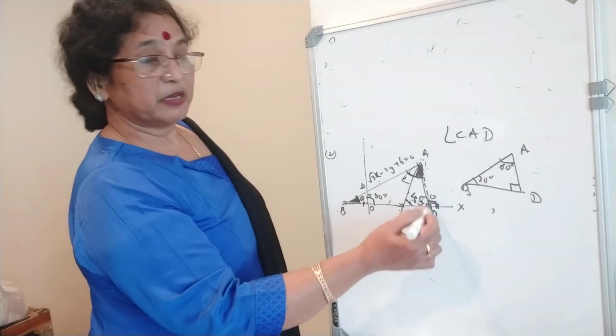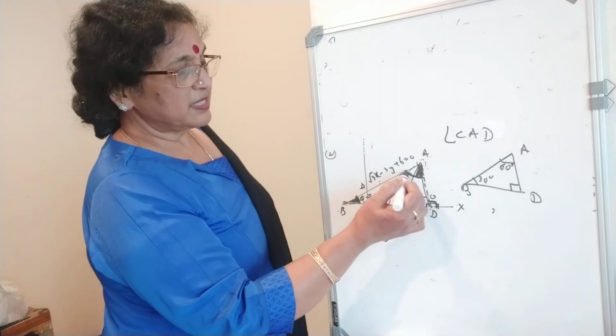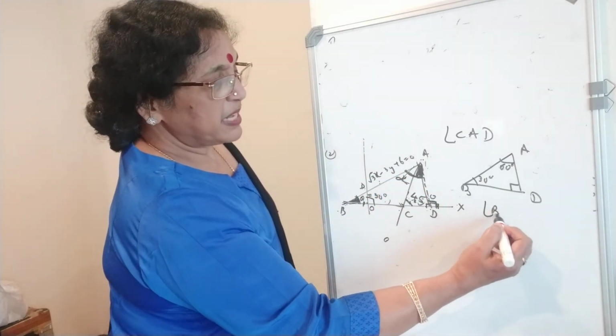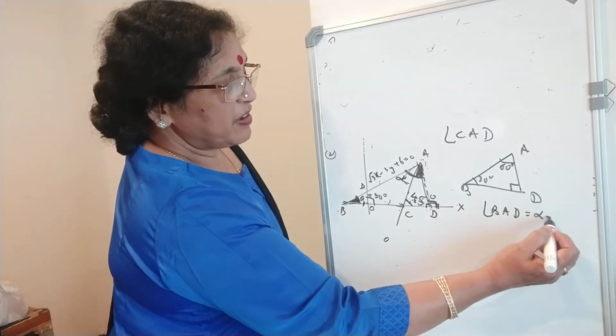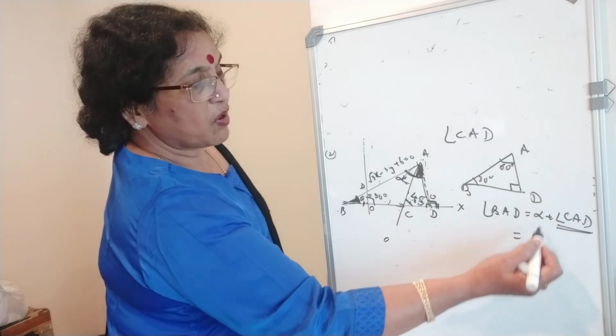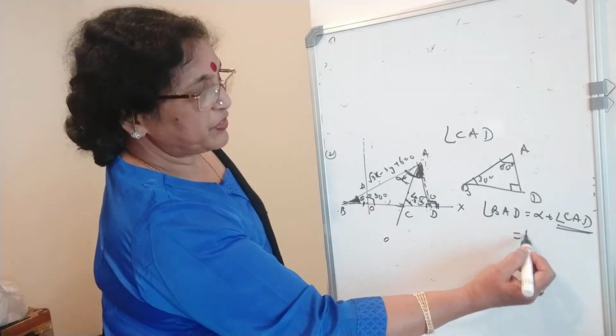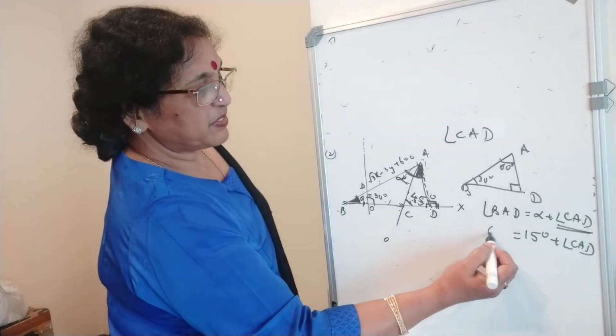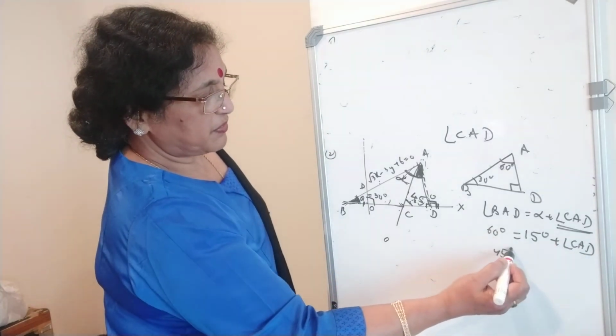Angle BAD becomes 60, of which this is alpha. So angle BAD is alpha plus angle CAD, which I have to find. And alpha you got as how much? 15 degrees plus angle CAD is BAD, which is 60. So 45 degrees.